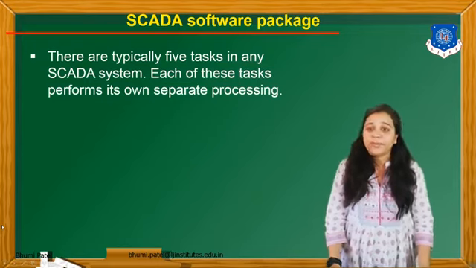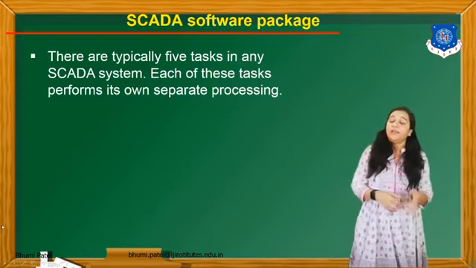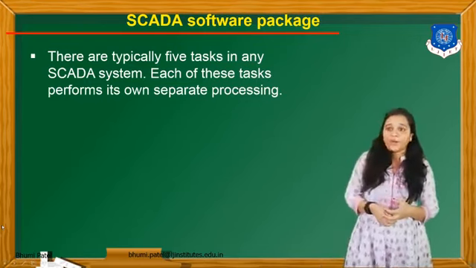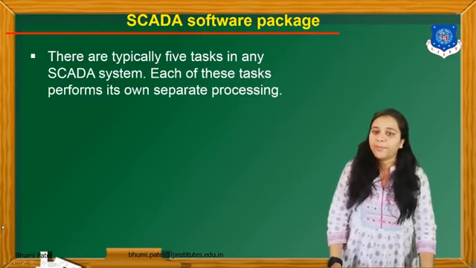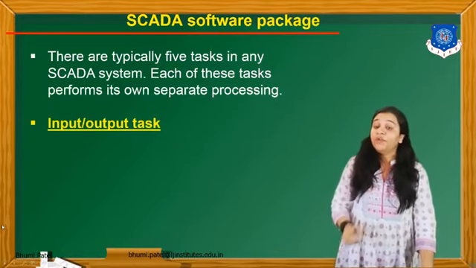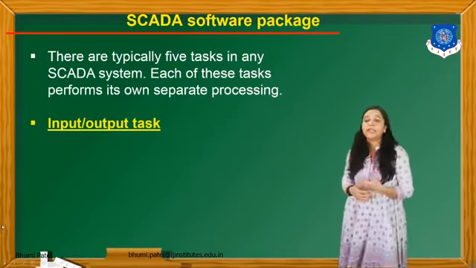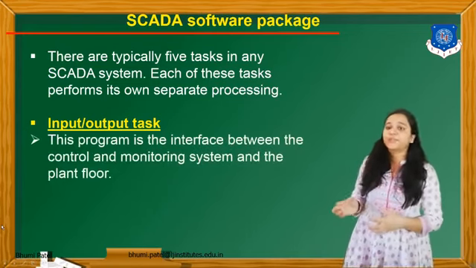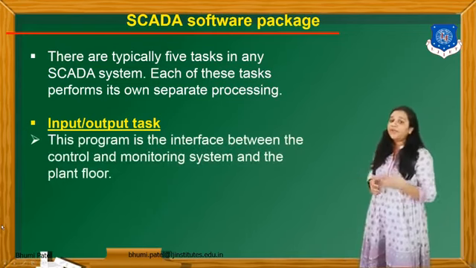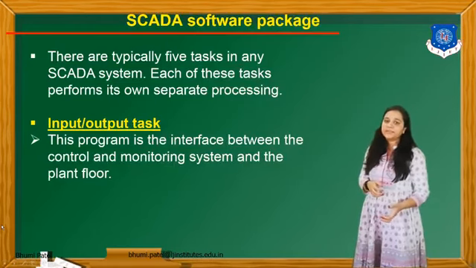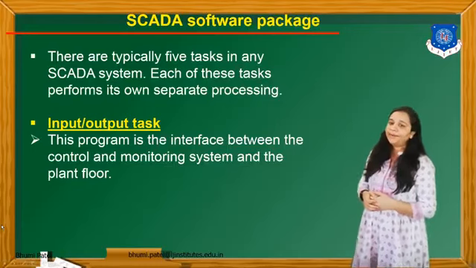So there are typically 5 tasks in any SCADA system, and each of these tasks performs its own separate processing. First of all, in the SCADA software package, we have the task for input and output. This program is the interface between the control and monitoring system and the plant floor.